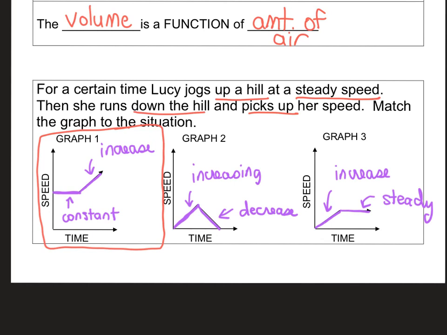So number 2 would not be a good fit. And number 3, she's increasing her speed first, then she's going steady. So this one is backwards from the situation. So it's super important on a graph to always read what each axis means in interpreting a word problem like that.